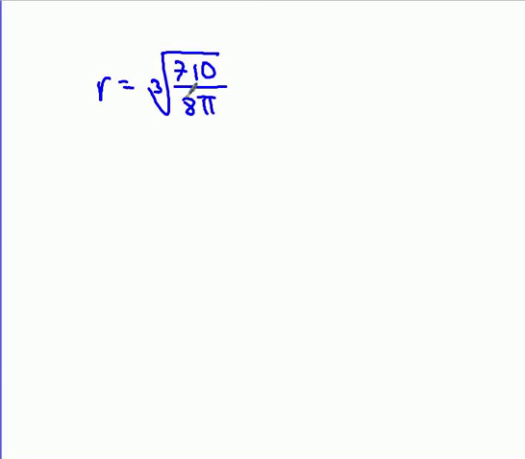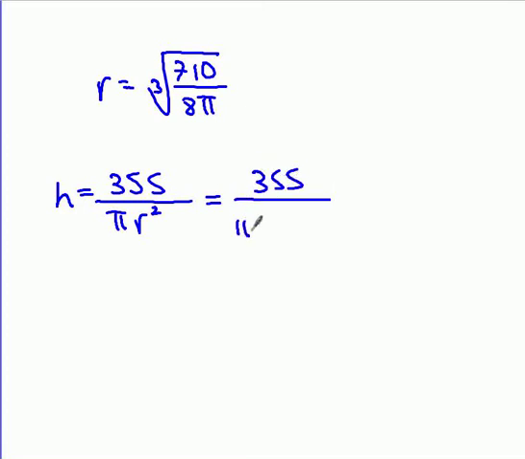And I can get that h from my previous equation was 355 over pi r squared. And so that's going to be 355 over pi times 710 over 8 pi. If I square that cube root, I end up with this to the 2/3 power. And that would be my final answer.